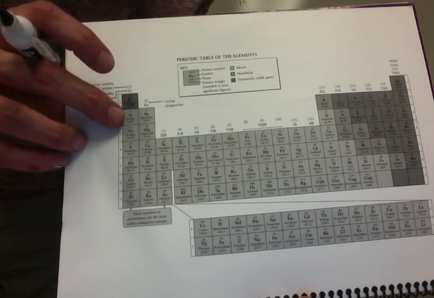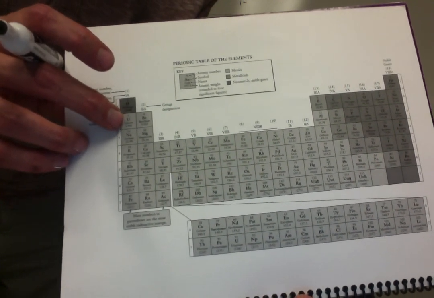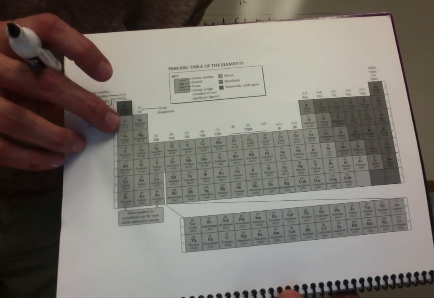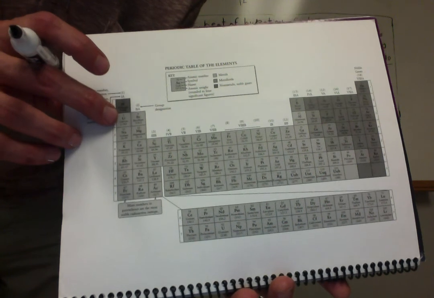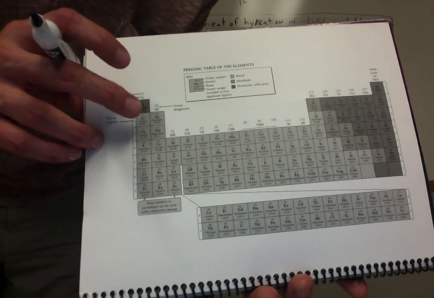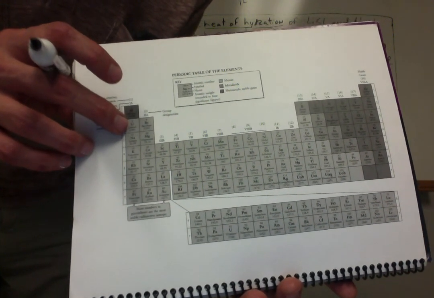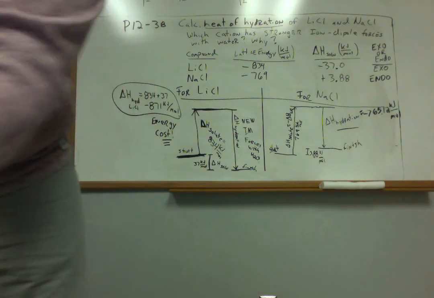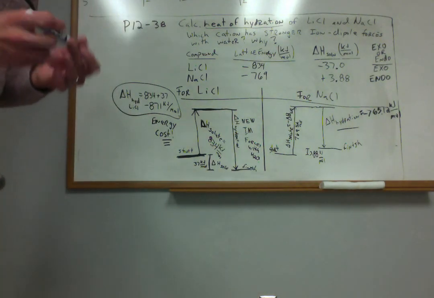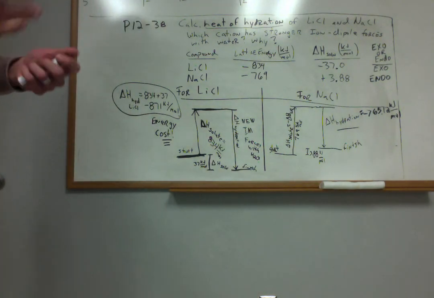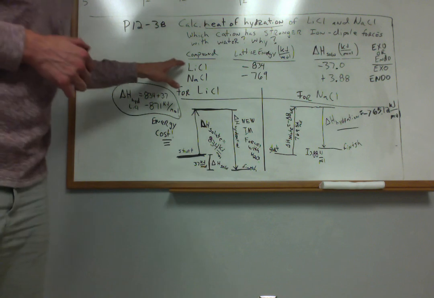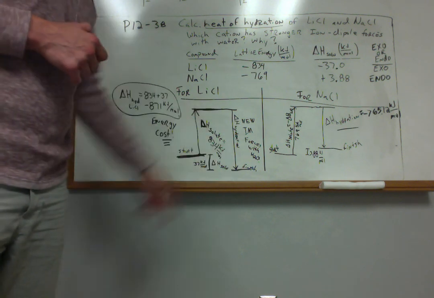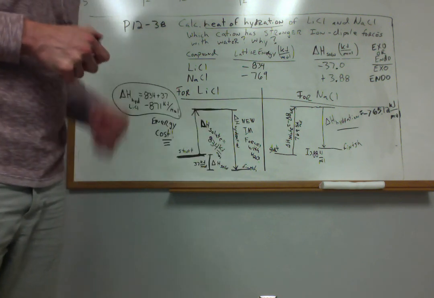And that corresponds to lithium being a little bit smaller in terms of its ionic radius, okay? Because it has fewer electrons in its valence electron orbitals. And the beauty of that is that the smaller ions can oftentimes form more intense or stronger electrostatic interactions with other materials, such as water in this particular case, okay? And that's going to lead to a more favorable interaction and a more exothermic enthalpy of hydration.